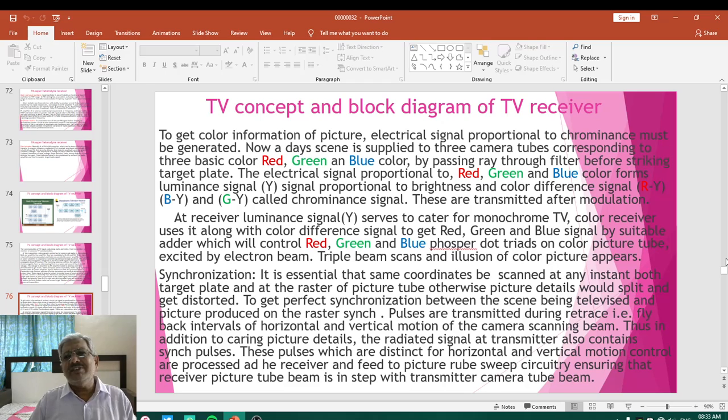We studied this aspect when we introduced the meaning of television communication and the role of synchronizing pulses which are to be introduced in the electrical signal proportional to the optical image produced by the camera by snapping the scene or event or an object.